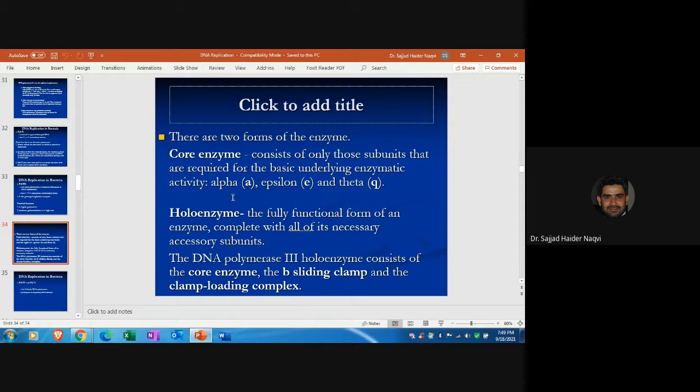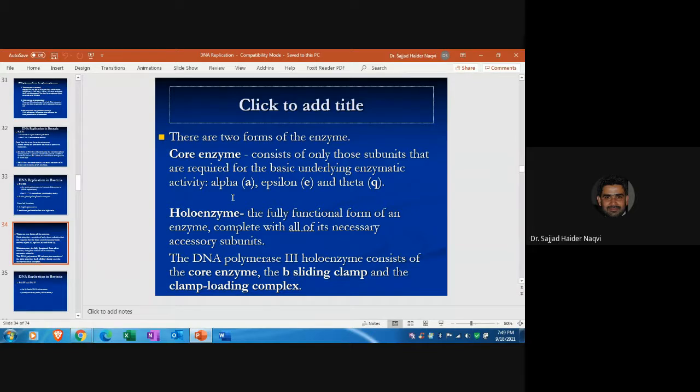So the DNA polymerase 3 holo enzyme consists of the core enzyme and the sliding clamp, which is the accessory part, as I said, and a clamp loading complex. So when the accessory part and the essential parts combine together to make a bigger molecule, that's called holo enzyme.